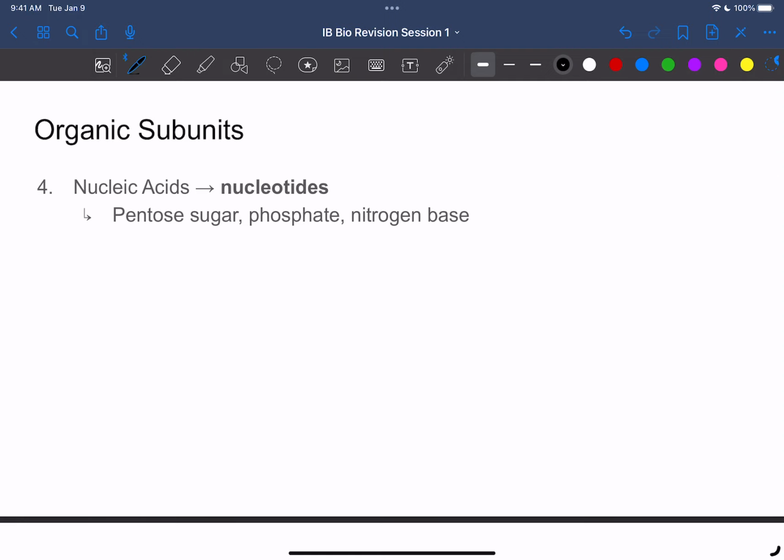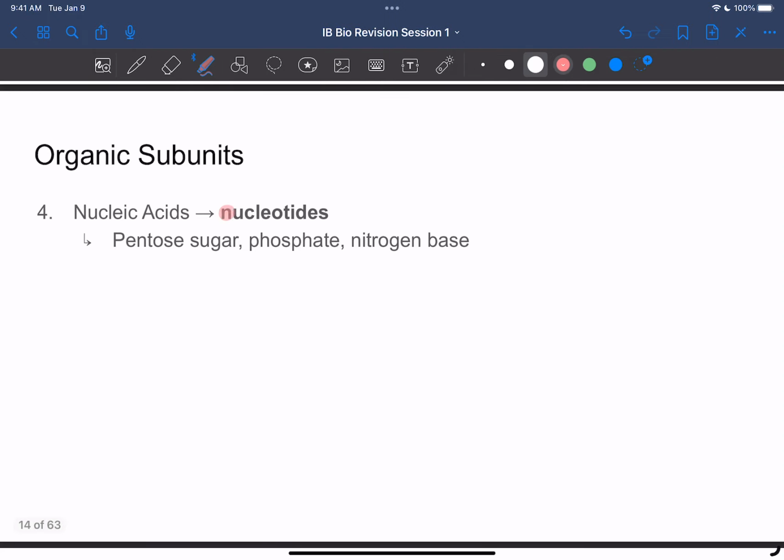Lastly, there's nucleic acids, and their subunit is nucleotides. This one I don't believe you have to know how to draw, but you will have to know the basic structure so you can recognize it. First we have a pentose sugar, and this one just so happens to be ribose.